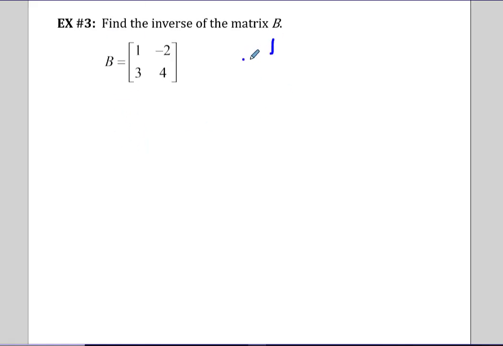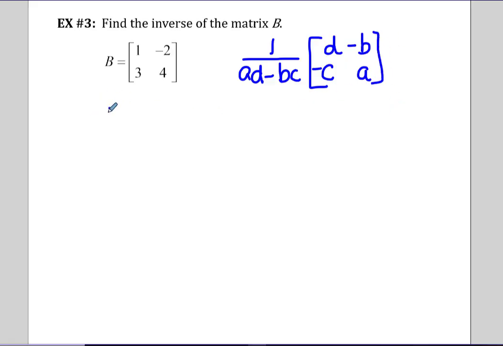Remember, it's 1 over the determinant, which is AD minus BC. And we're going to switch the location of A and D and put D up here and A here. But we're doing the opposite sign on B and C. So we've got 1 times 4 minus 3 times negative 2.